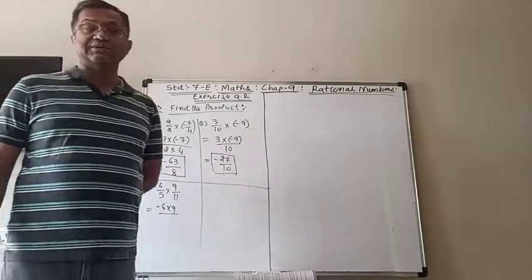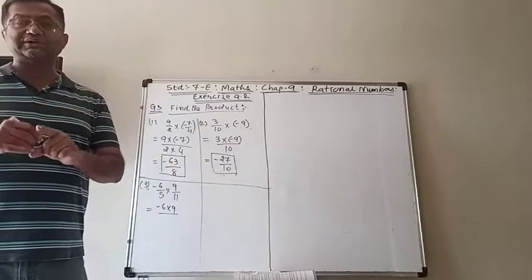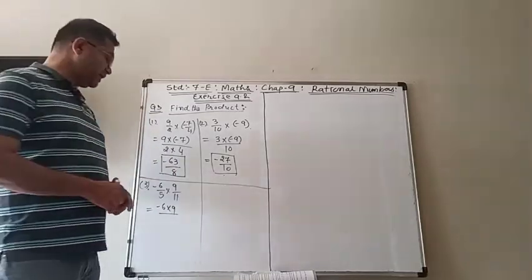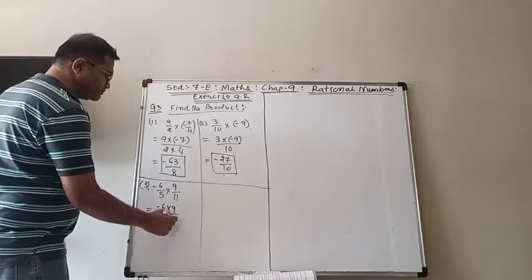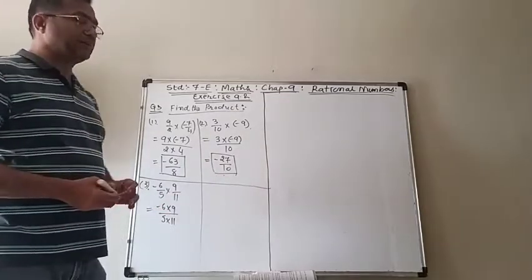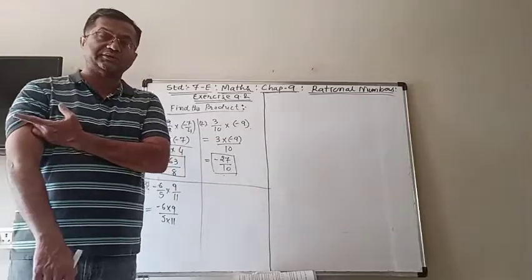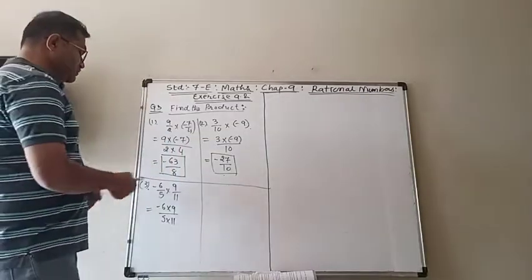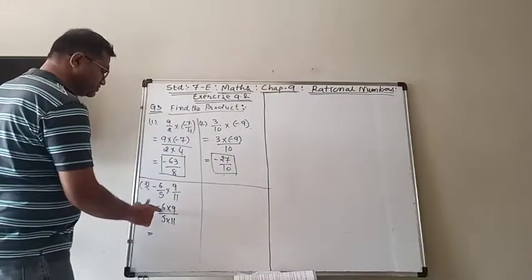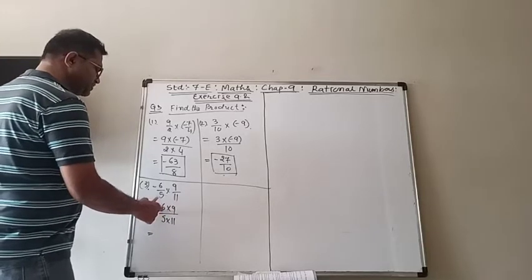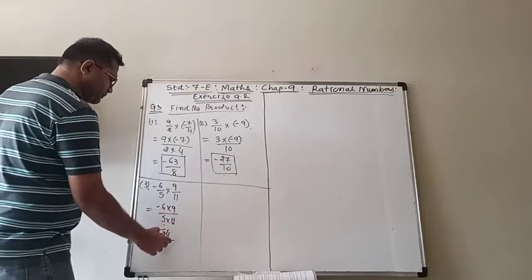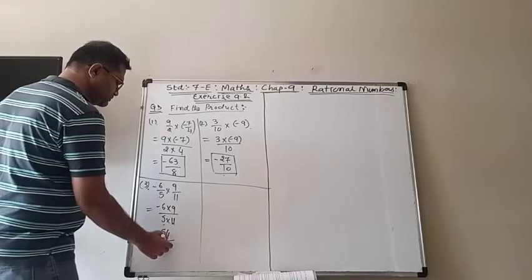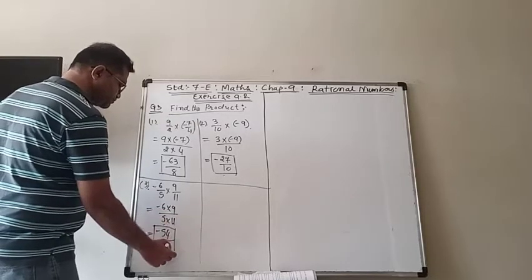multiplied by 9. It means that numerators are multiplied in numerators and the denominators are 5 and 11. The product of them will be written in the denominator. And then we multiply the digits. 6 nines are 54, so minus 54 upon 11 fives are 55.